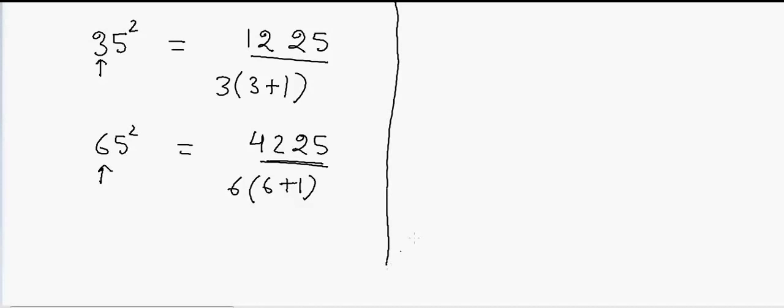Suppose we have any number which ends with 5, so that number can be written as 10 into x plus 5. Here, if x is equal to 3, then this number will be equal to 35, right?